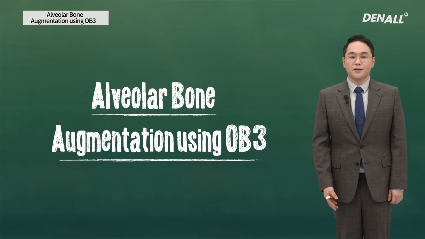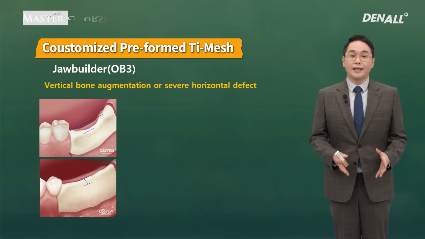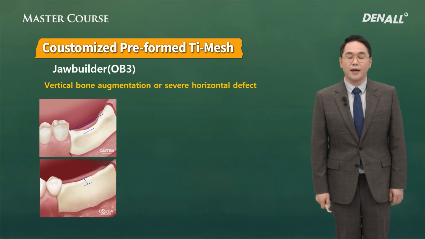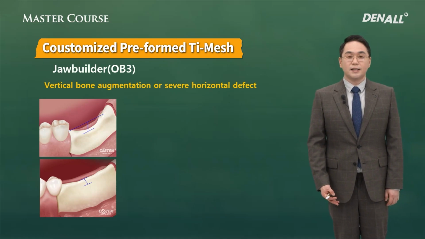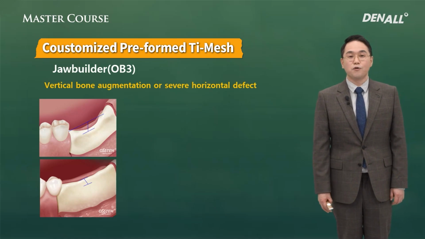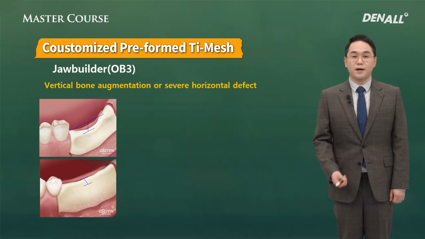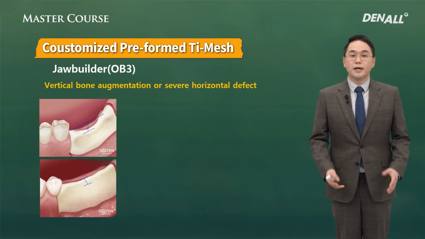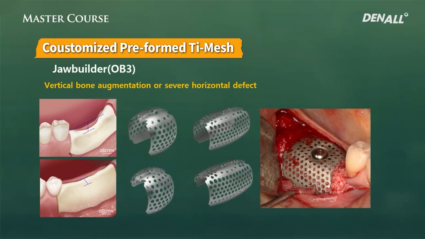Generally, Builder can be connected to an implant, a titanium mesh that can address simple bone defects. But as I said before, if we have a wide-ranging horizontal or vertical bone defect where implants cannot be easily placed, a delayed approach can be used to generate bone using a Jawbuilder or Builder 3.